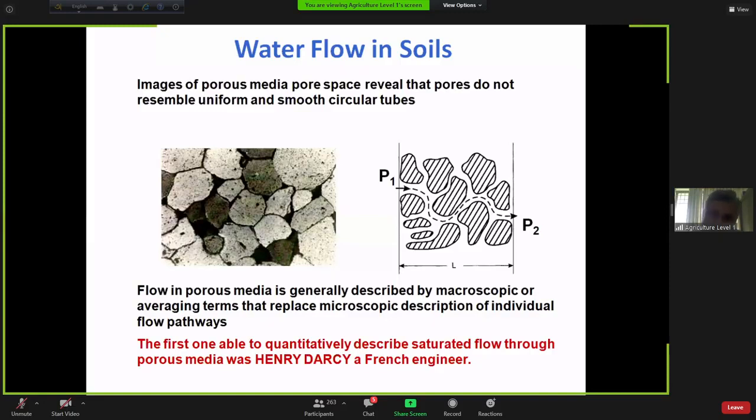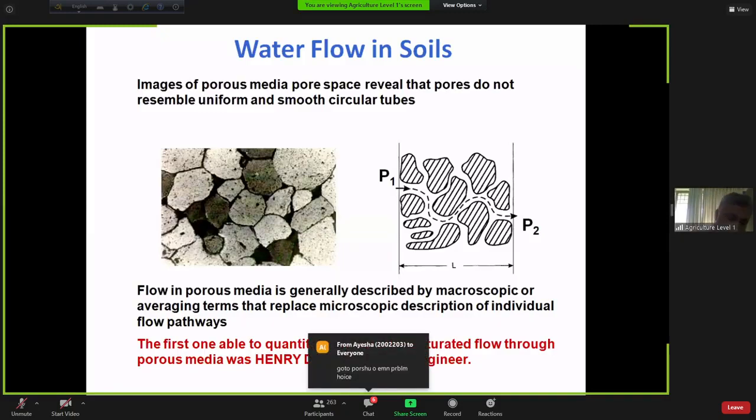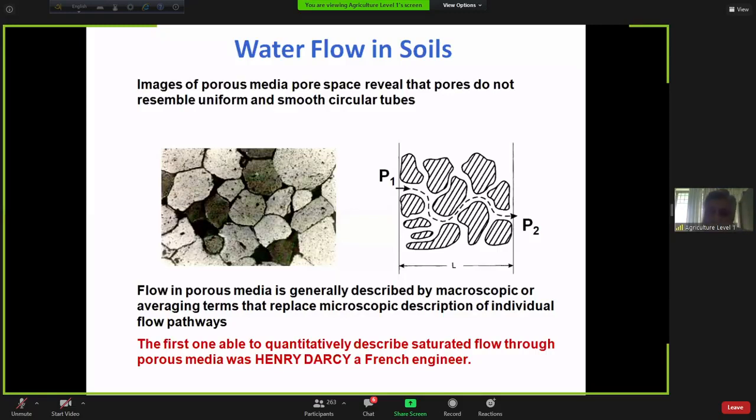So the rate of flow of water will help us estimate the movement of microorganisms, heavy metals, contaminants, herbicides, pesticides, fertilizers, other nutrients, soluble salts, etc. So if someone asks you to predict how an industry can pollute our soil, like if you go to Dhaka you will see many industries on both sides, and they have wastewater that contains heavy metals or many other contaminants.